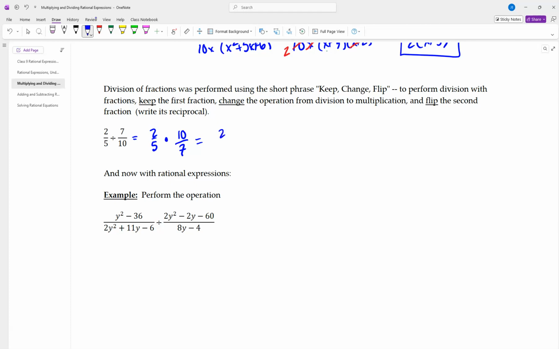And again, multiply across, so 20 over 35, and then that can reduce. If I divide this by 5, I'd get a 4, and divide that by 5, I get a 7. So this is all equal to 4 over 7. Certainly you could have reduced back here and said, that goes in there once, that goes in there twice, and you get the 4 over 7 like that.